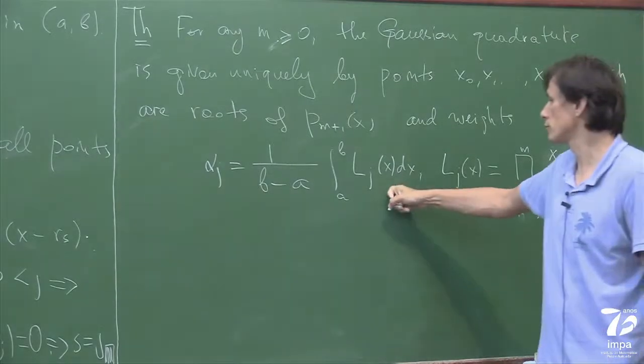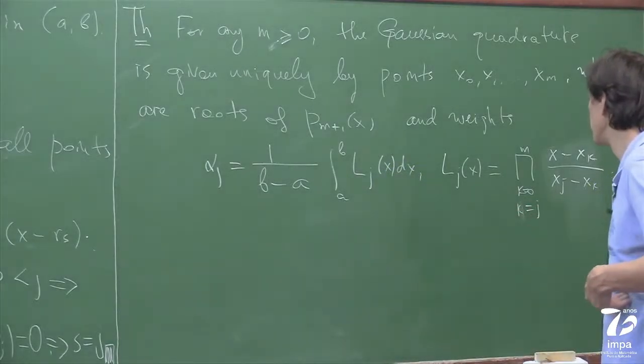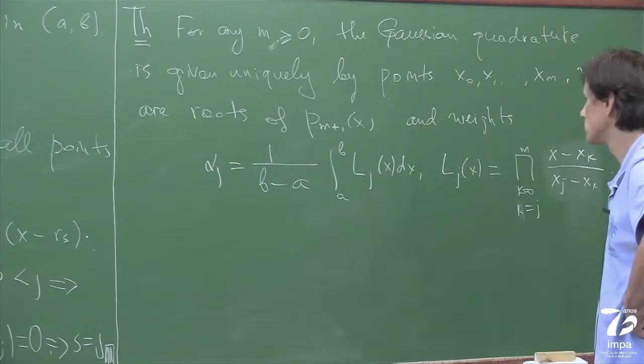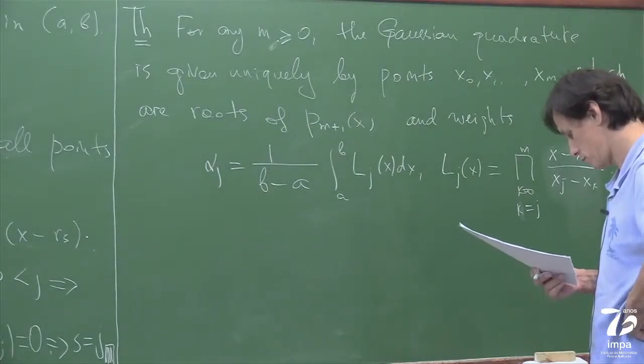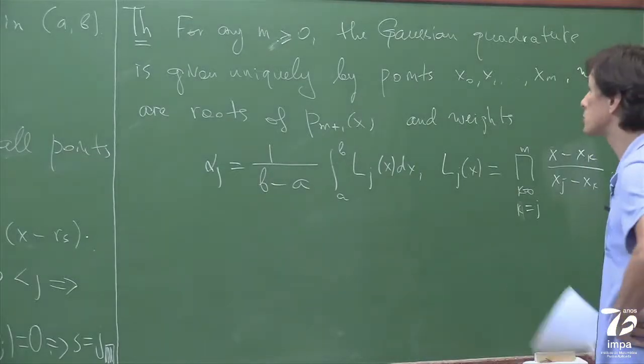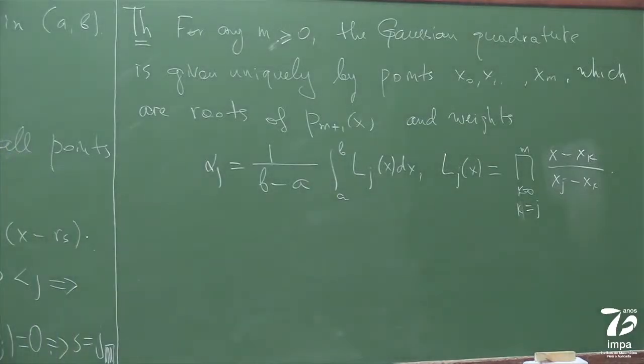So you take the integrals over the given interval, divide by b minus a, and this gives you the weights. So this is the theorem, which by the way was the question given last time.